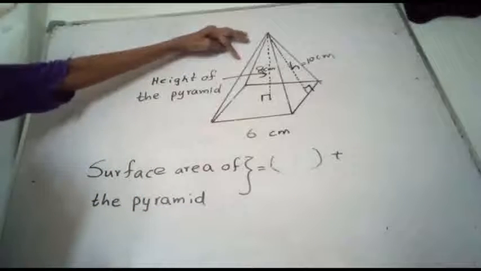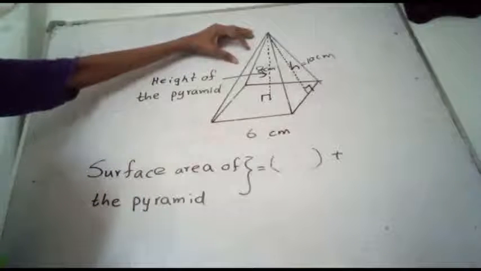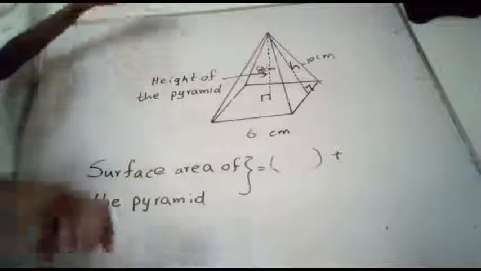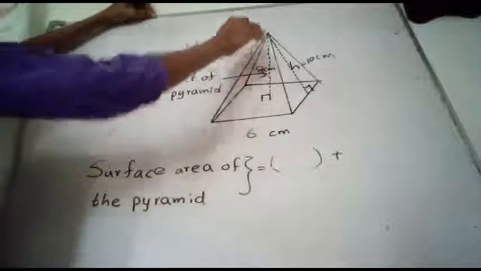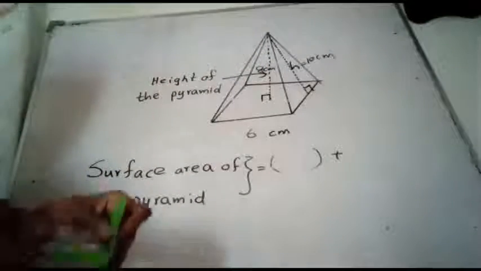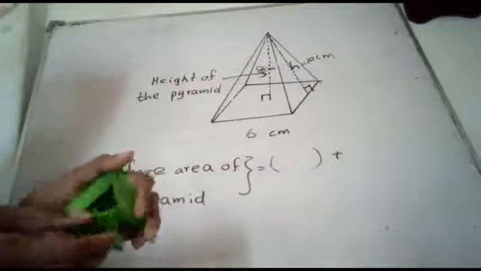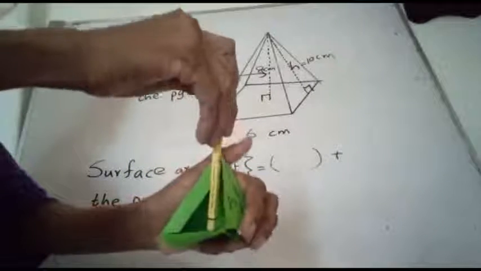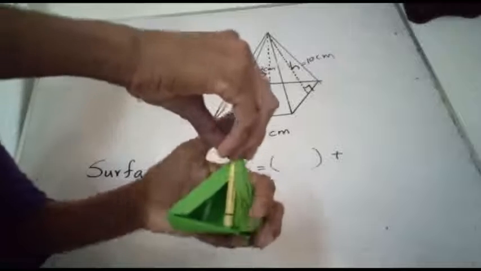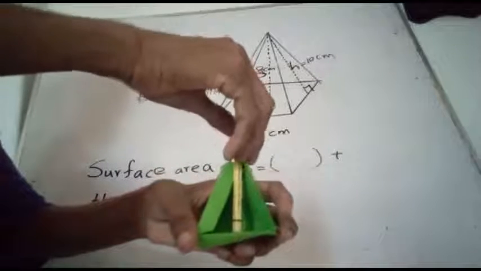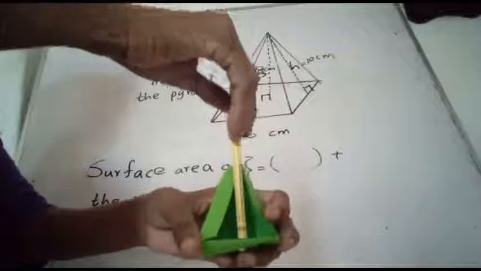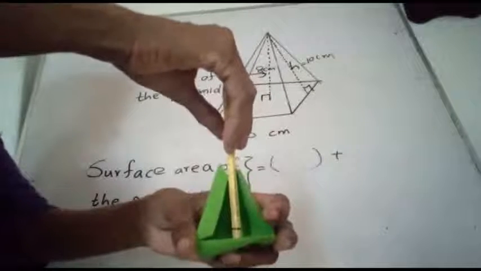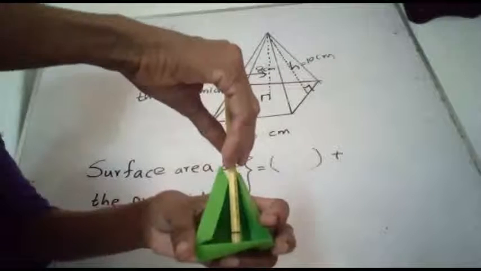When we draw the square shaped base pyramid, this is the perpendicular height of the pyramid. When we join the center of this square and this vertex, it is the perpendicular height of the pyramid. The magnitude of the angle between this perpendicular height and the square base is a right angle.